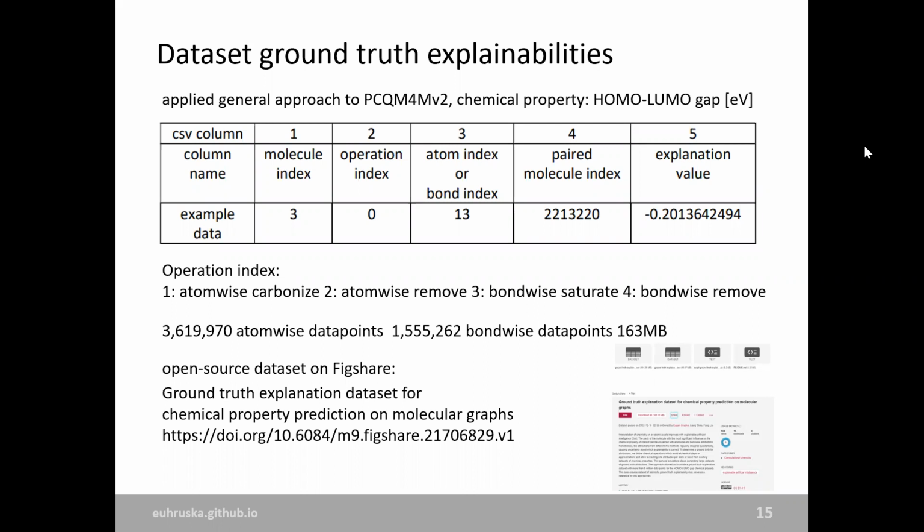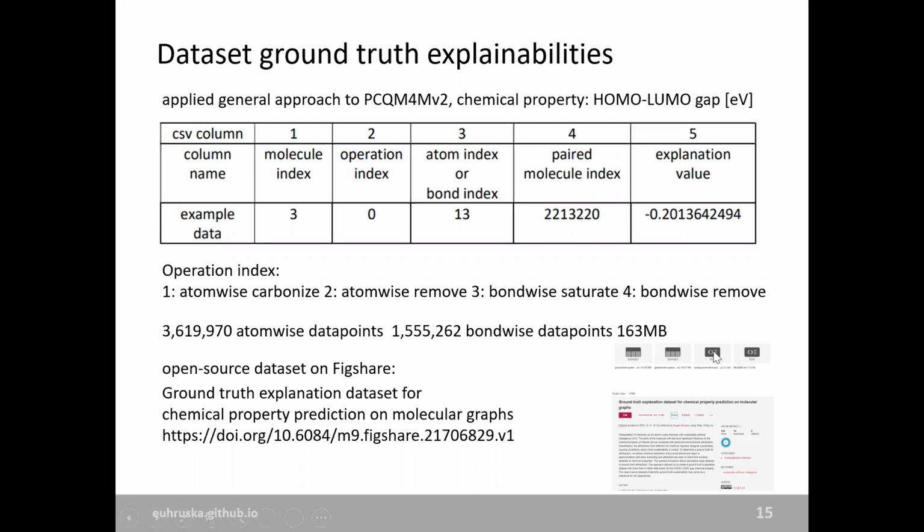And for each row, I specify which atom or bond the operation from the last slides was applied to, and which of the molecules is the paired molecule. So column 1 and column 4 are the molecule and the paired molecule index, and the last column is the explanation value.